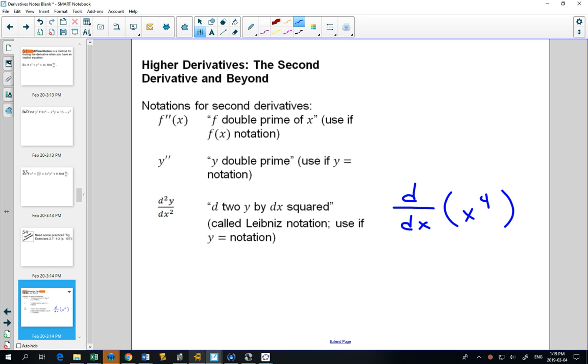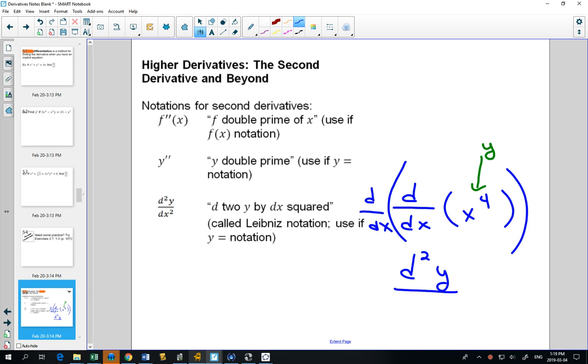Take the derivative once. If you would take the derivative again, that would be taking the derivative twice. So technically, this is your function, this is y. So across the top, you're taking the derivative twice of y with respect to x.